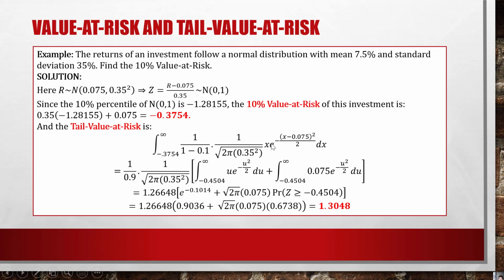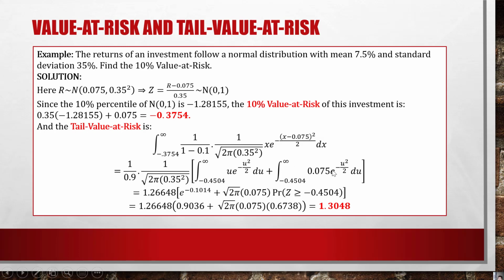And then I assign a new variable. Let's say u is equal to x minus 0.075. Then u is from negative 0.4504 to infinity, because we take negative 0.3754 and subtract 0.075, and the lower bound here is negative 0.4504 to infinity.